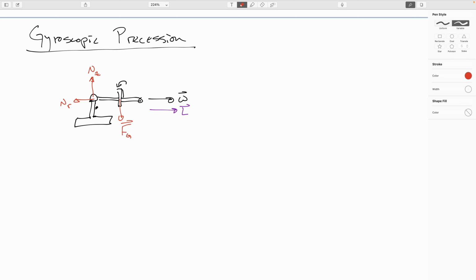But we have a normal force from the pedestal acting on it. Now, the reason it isn't falling is because the force of gravity down and the normal force up cancel. Now you see it precessing around like this. That's because the normal force here to the side in the little pedestal. It's a bit of a curved cup in order to give that shape.